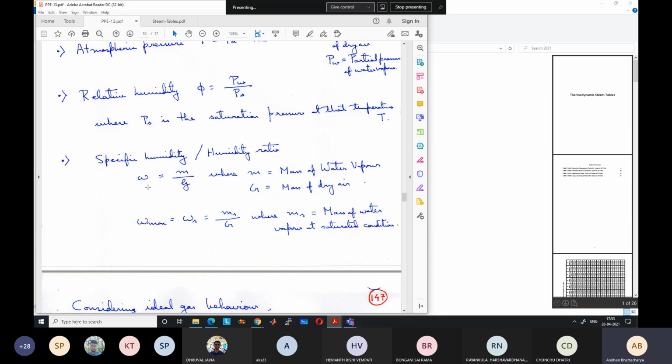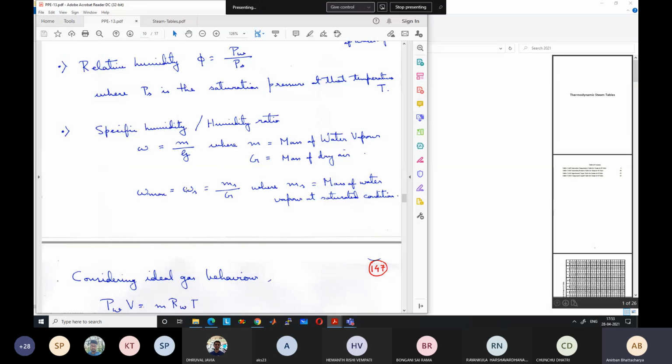So omega is equal to m by g, where m is the mass of water vapor and g is the mass of dry air. The maximum specific humidity or humidity ratio will occur at saturation condition, when the relative humidity is 100%.